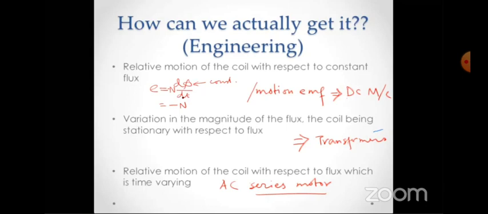You have to tell me by this equation, because I have only one equation. Globally, I have only one equation to get the induced voltage. I don't have any other equation. The one equation which governs all electrical machines is Faraday's law.